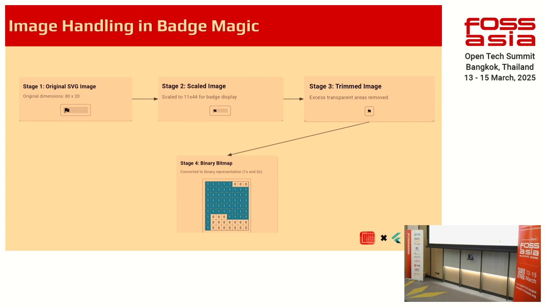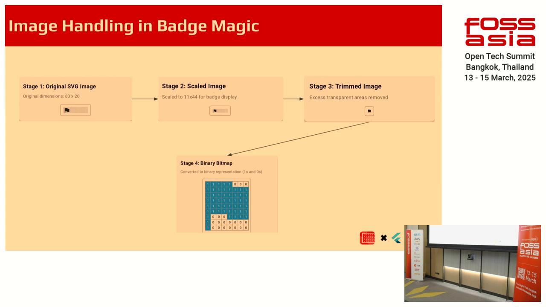So the process here is you are streaming a vector image. SVG is vector. There's bitmap and there's vector image.